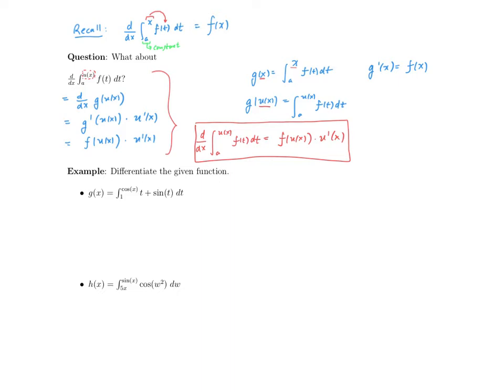As long as we're integrating from a constant a up to now some function u of x, you take that function u of x and you substitute it in for t. That gives us the f of u of x. And by the chain rule, we multiply it by the derivative u prime of x.